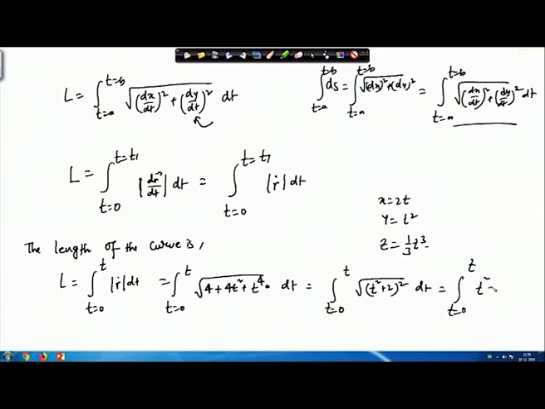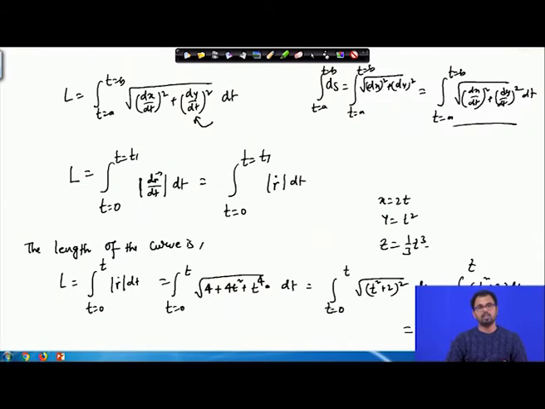So this is the integral of t square plus 2 dt, and if we integrate, then this will be 2t plus 1 by 3 t cube, right? So this is the required answer. So if we substitute, let us say t equals 1, then this will be 2 plus 1 by 3. So 7 by 3 would be the required length, and of course you can substitute the unit over there.